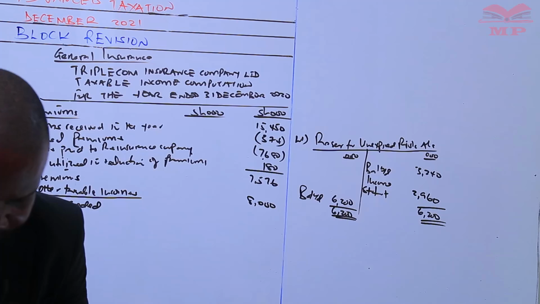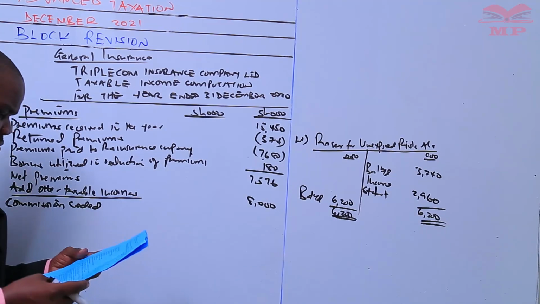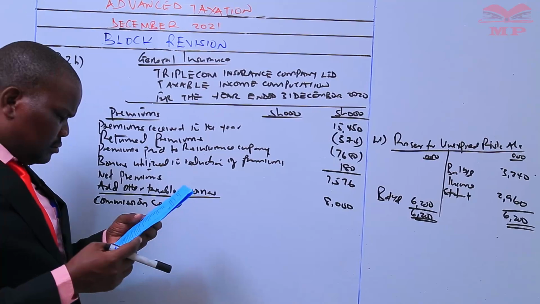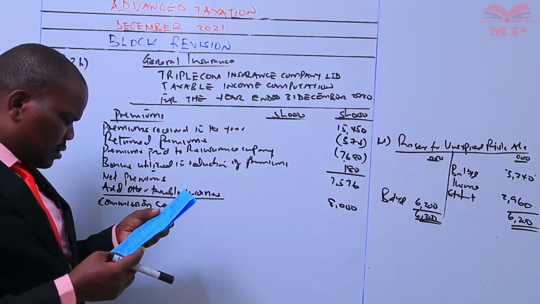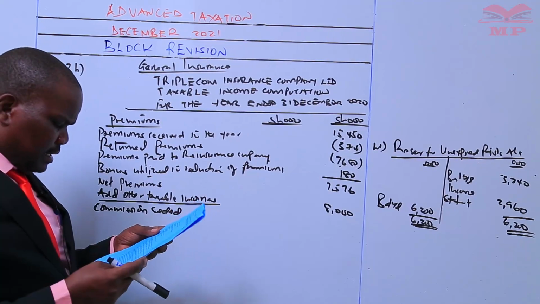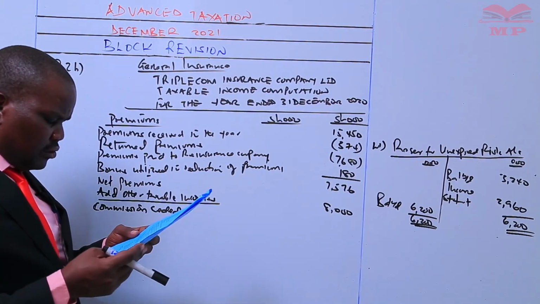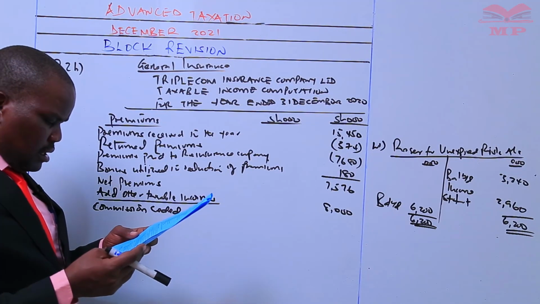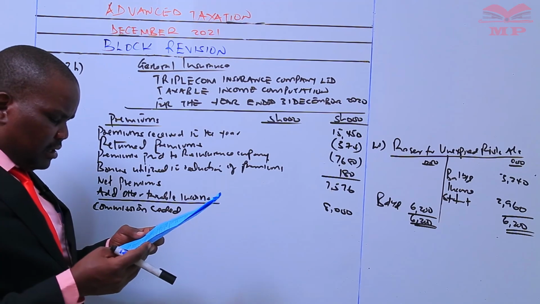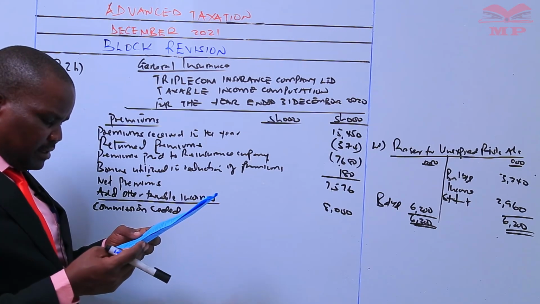Second, we have rental income. In the list provided, we do not have a rental income stated, but we have Note 6. Note 6, the last bullet says, the company owns the building which houses its offices.